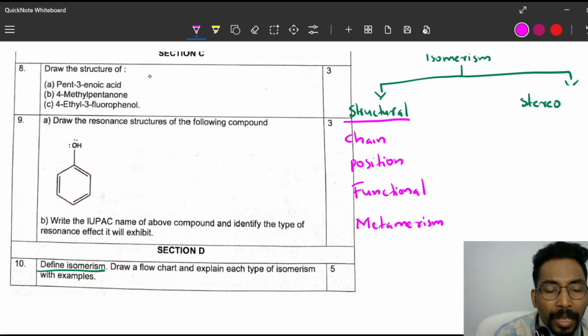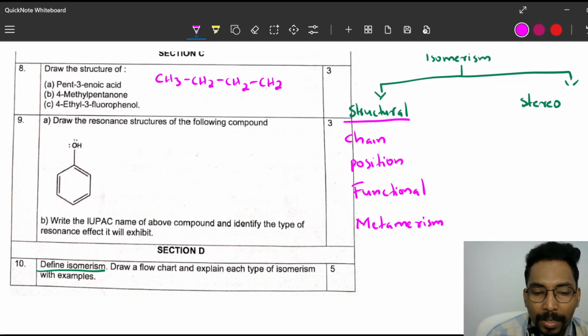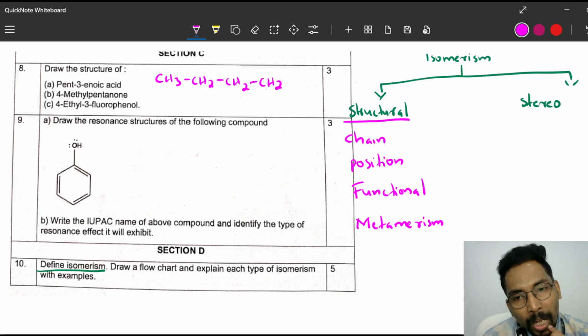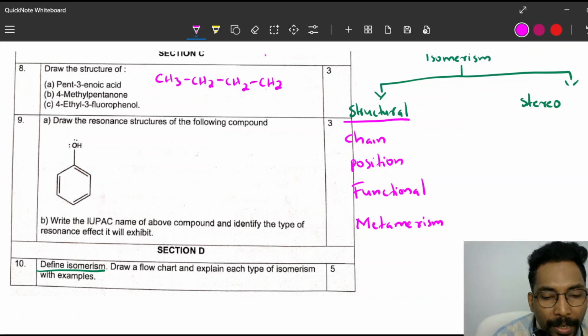For example, butane, CH3, CH2, CH2, CH3. So what is the molecular formula of butane? C4H10.